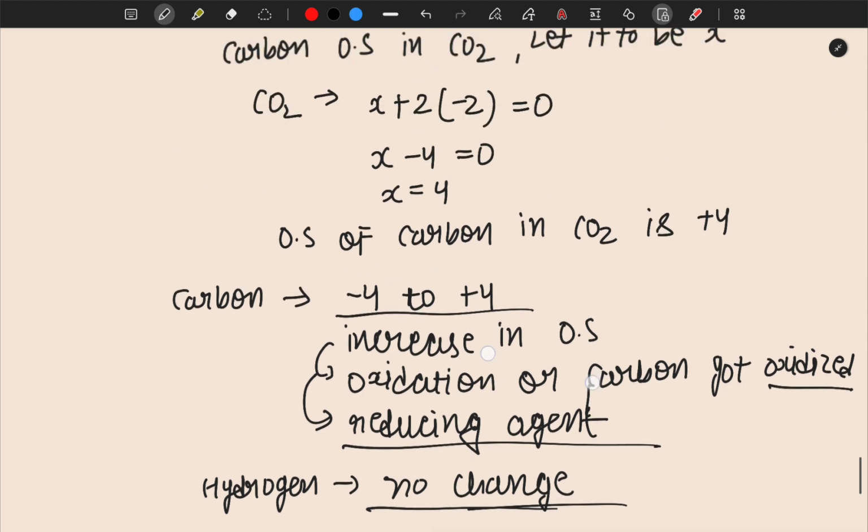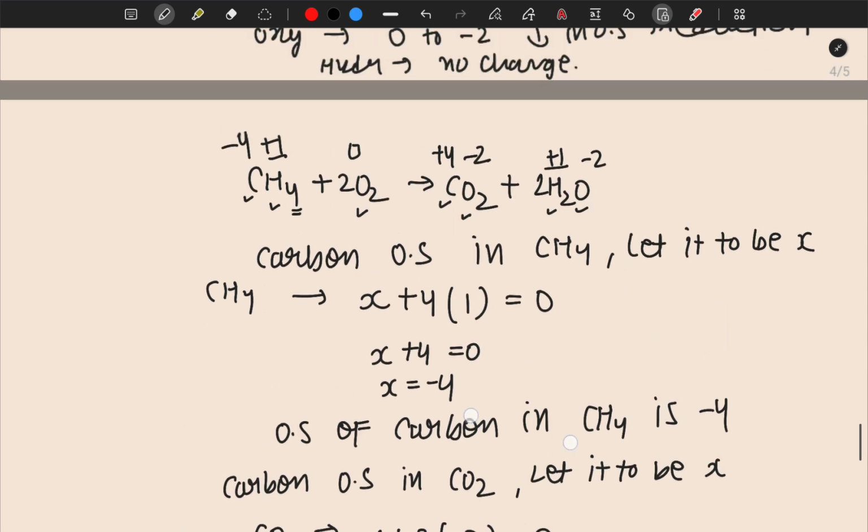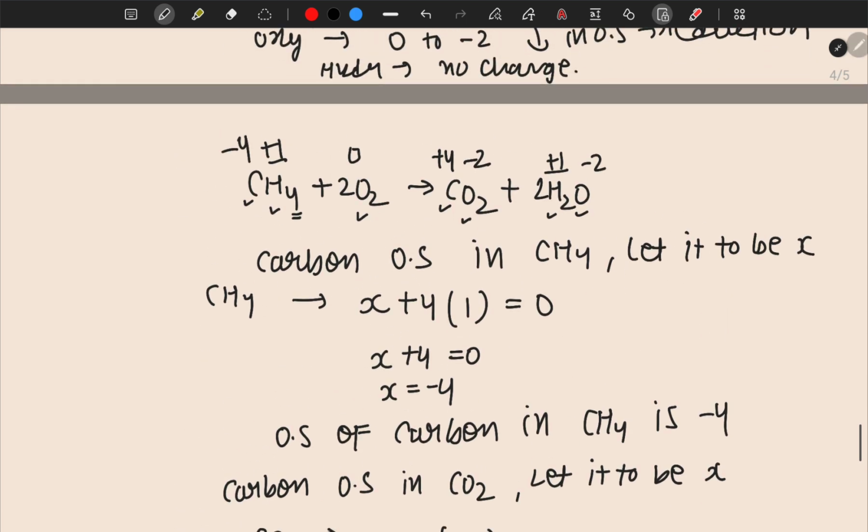So you have to keep in mind, the most important thing is you never mention the oxidation state of a species with its subscript. I could have mentioned +4 here, but I don't do that. I just mention the oxidation state of the pure element. That's it. What's the oxidation state of hydrogen? Here, what's the oxidation of oxygen?